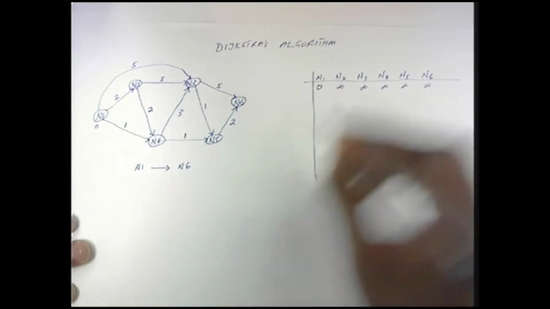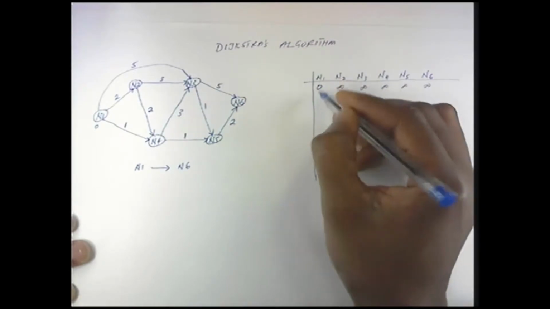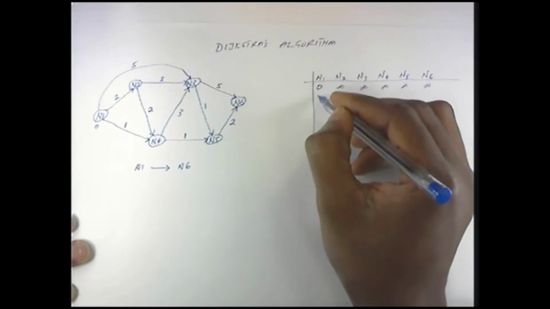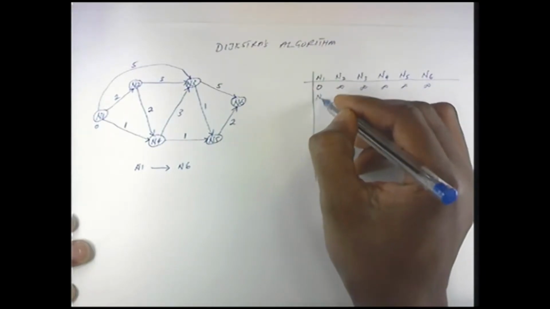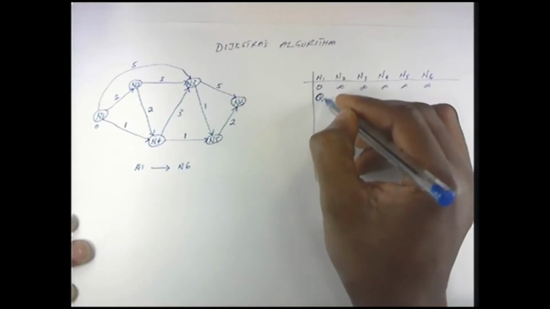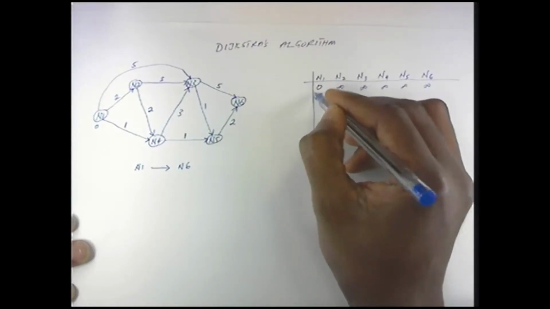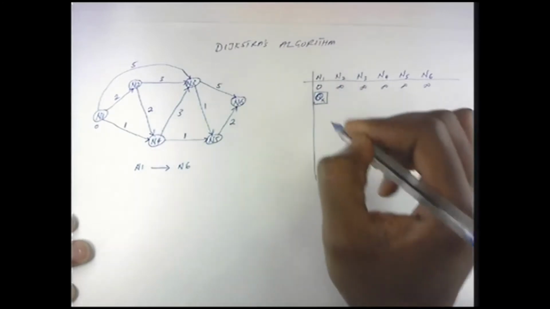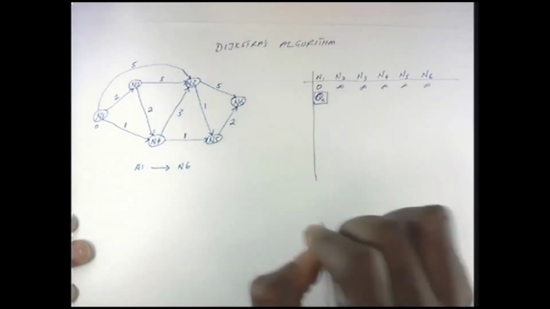Now, of course, node 1 to node 1 means we have visited node 1. So we'll come down and write 0 for node 1. Then we'll put a box around it, indicating that we've already visited node 1.